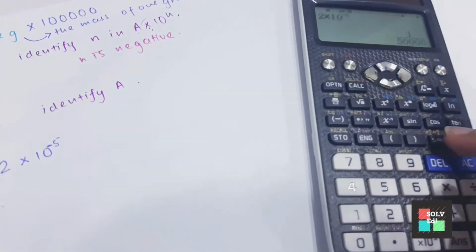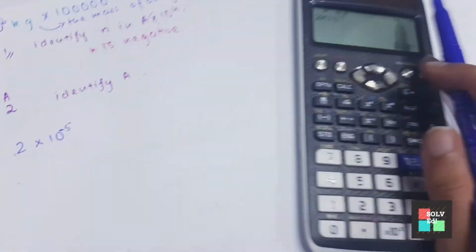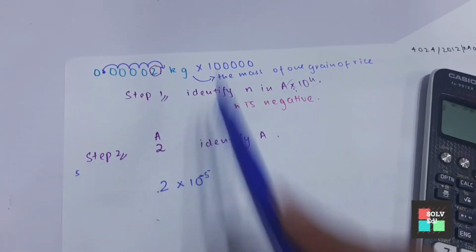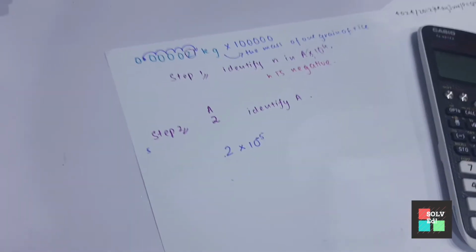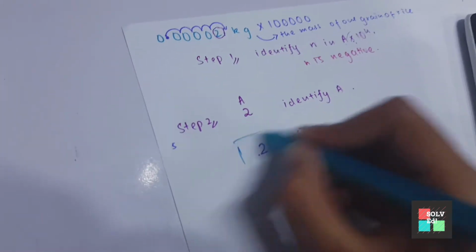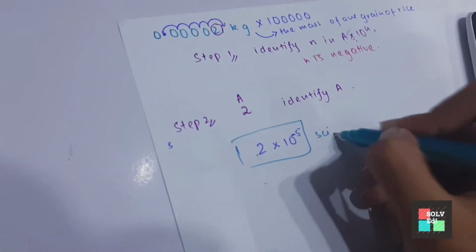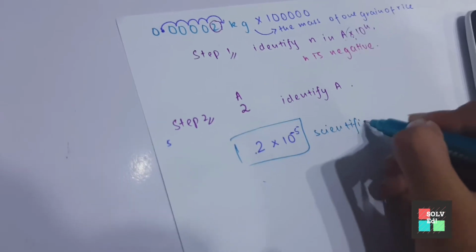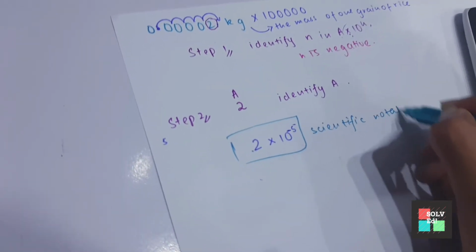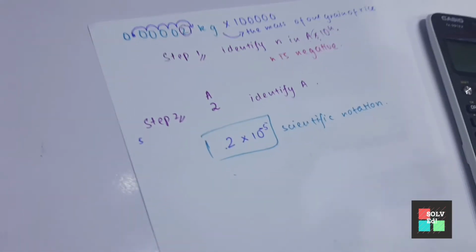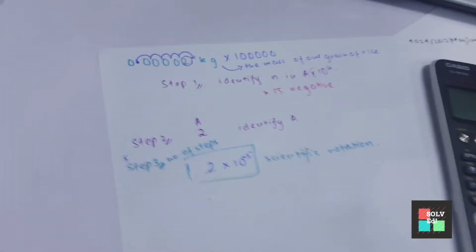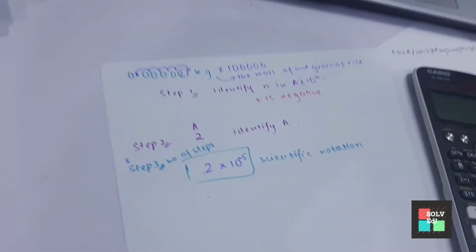Is it going to give us that? Yes, it is. So that is our answer for this one. This is our scientific notation for this number. So we had a total of 3 to 4 steps here.